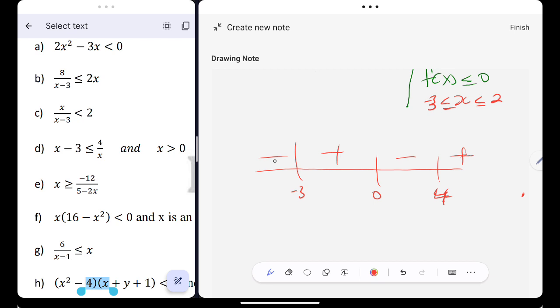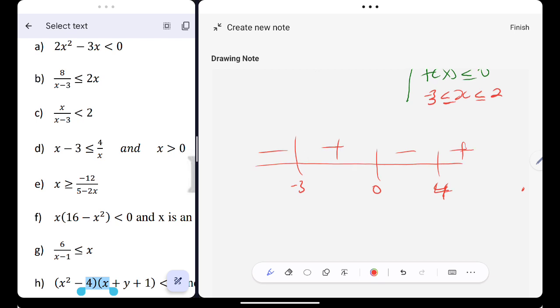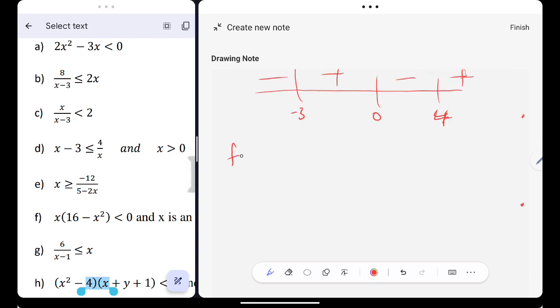You cannot have 2 negative signs following one another. It will be negative and a positive, negative and a positive, all the time. Maybe the question says the same thing. For which values of x is this? Maybe let's say this one is not included, and this is the only one included. Maybe something like this now.